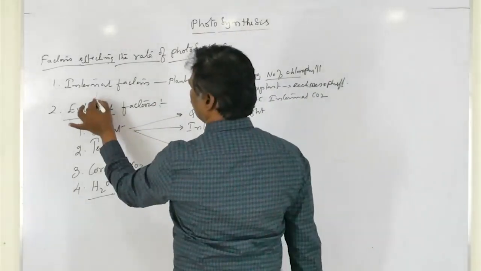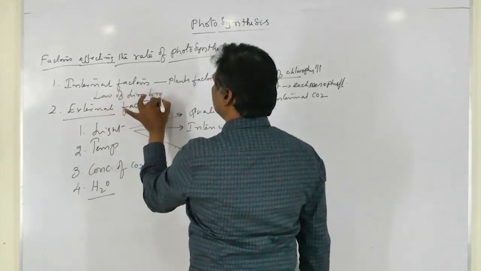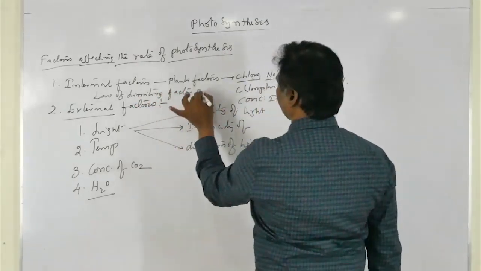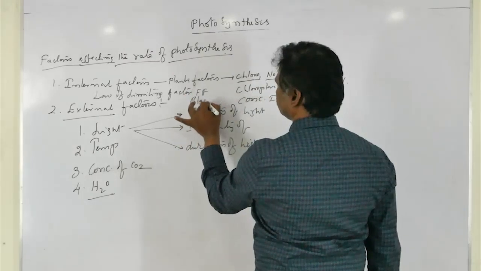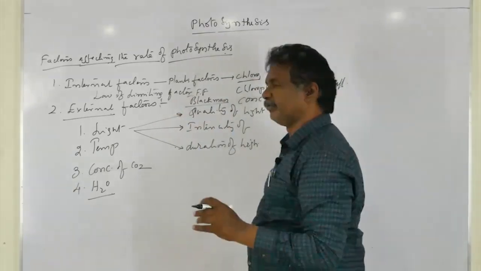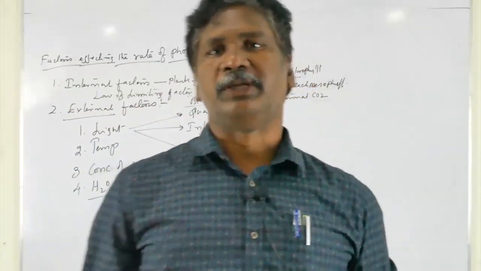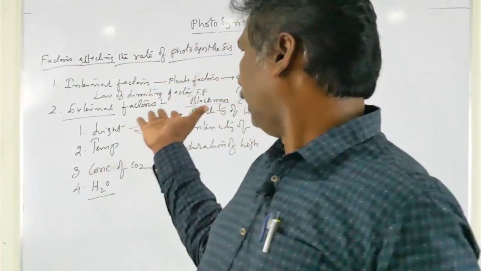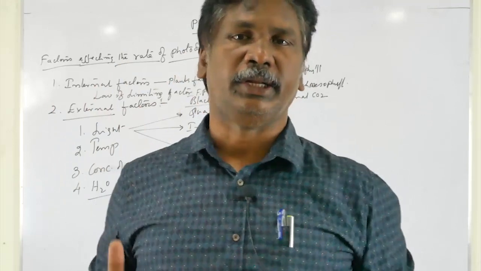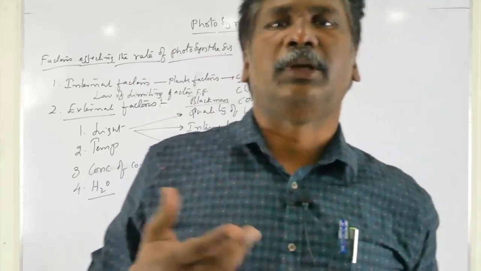That is the law of limiting factor, proposed by F.F. Blackman. If any system, or photosynthesis, is influenced by many factors like light, temperature, concentration of carbon dioxide and water, then the factor present at the lowest level highly influences the rate of that particular process.